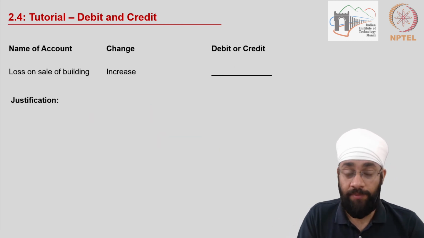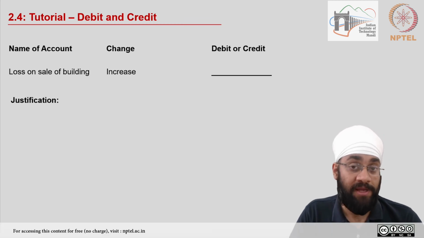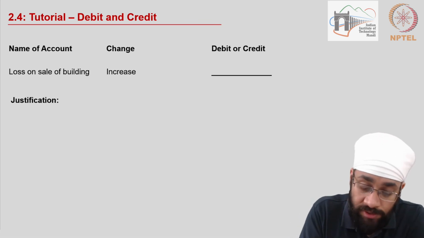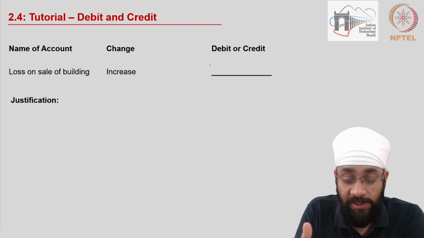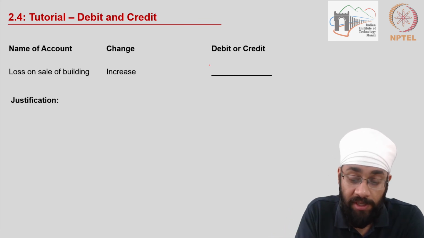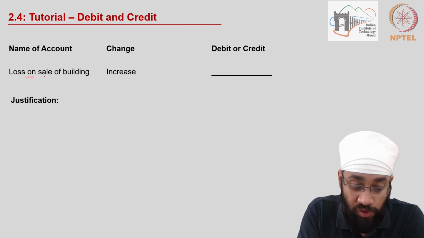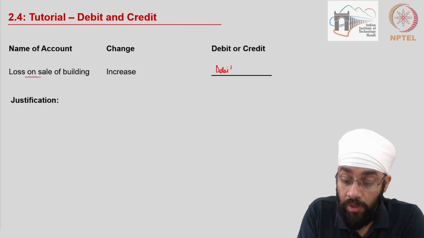Same with loss on sale of building: you sold the building at a lower price compared to the cost at which you bought it. It's also a loss. Again, all losses are recorded in a dummy expense account, dummy right account. It does not necessarily give you a right, but you have to show a debit for the equal credit. So again, you show a debit here.